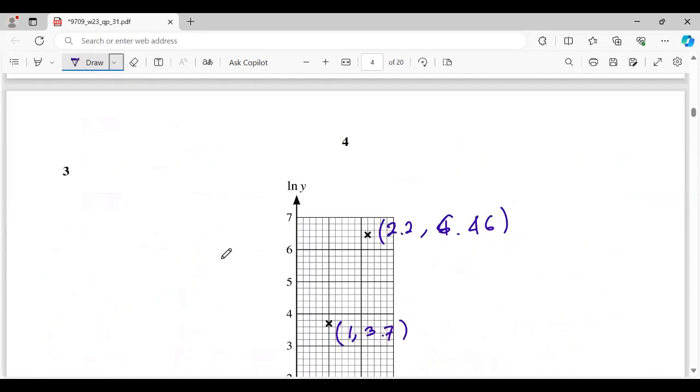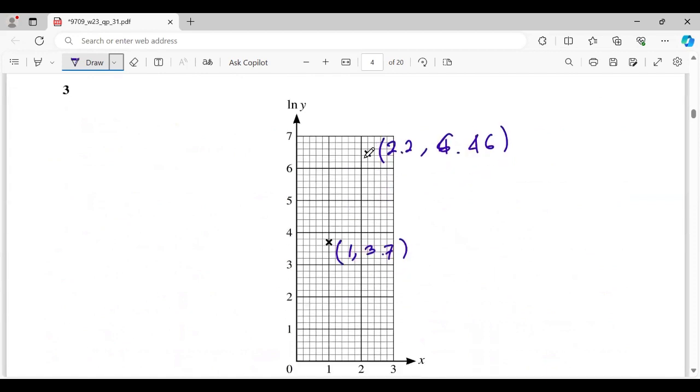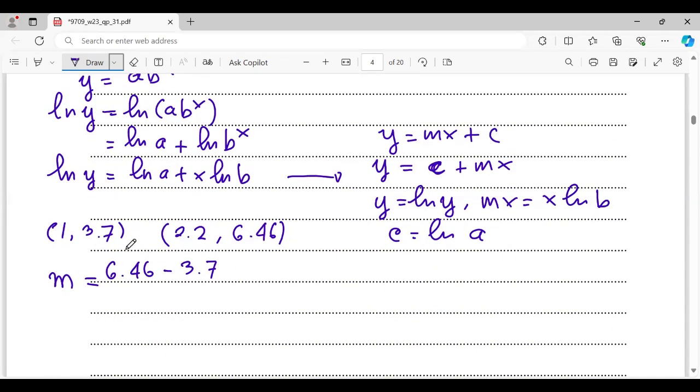We can create a straight line through these coordinate points and find its gradient: delta y over delta x, which is 6.46 minus 3.7 over 2.2 minus 1, equals 2.76 over 1.2, equals 2.3. That is the gradient.